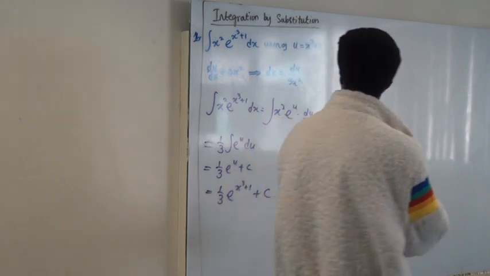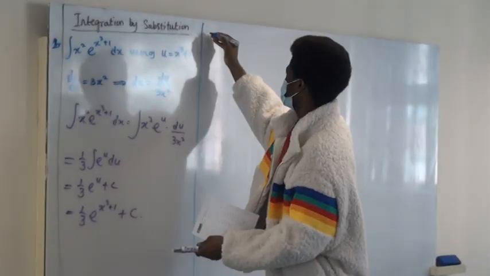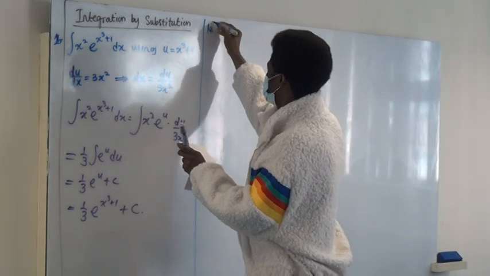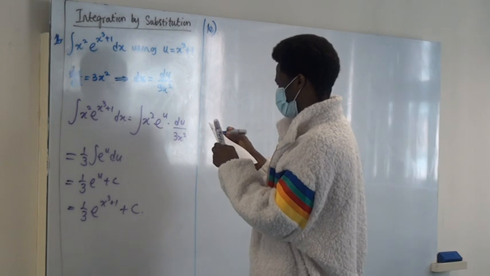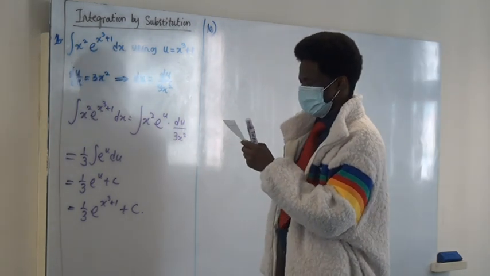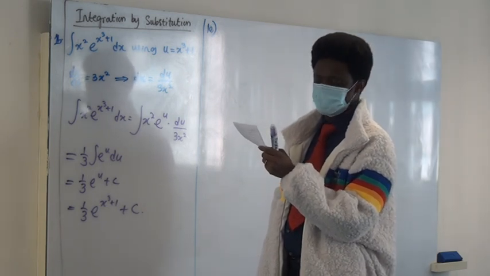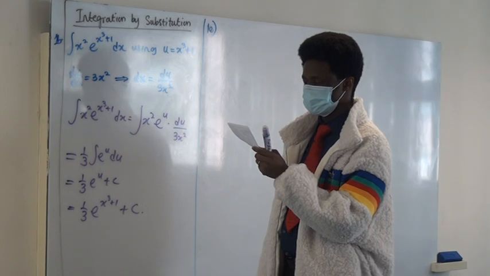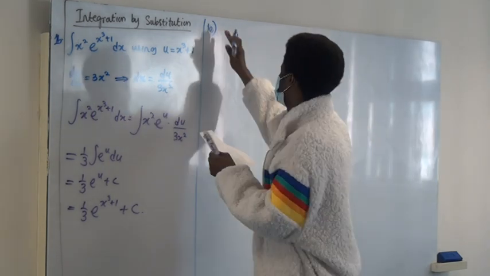Okay? So let's try the next one. 1e is also exponential function. Let's change that. Or do you prefer we do 1e? How about we do D? C or D? Choose one. D. Okay.